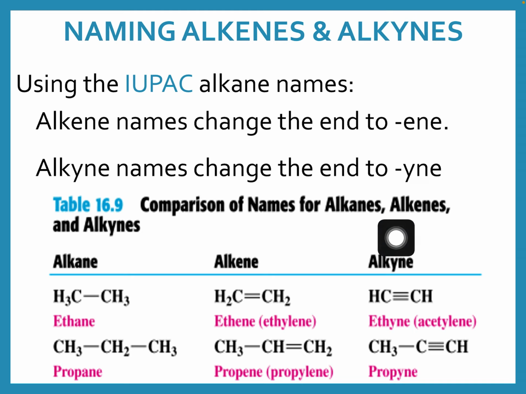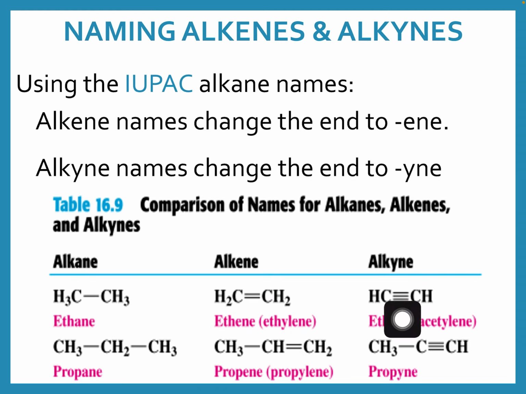So this shows us, for 2 carbons, an alkane with a single bond, a double bond for an alkene, and a triple bond for an alkyne. We can see as we move along, as we increase the bonds between the carbons, we decrease how many hydrogens are attached.